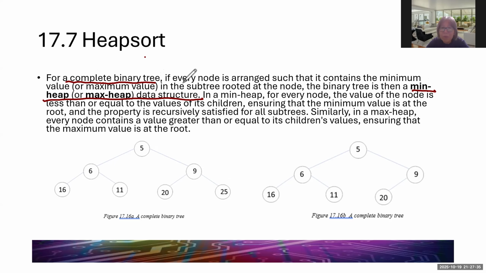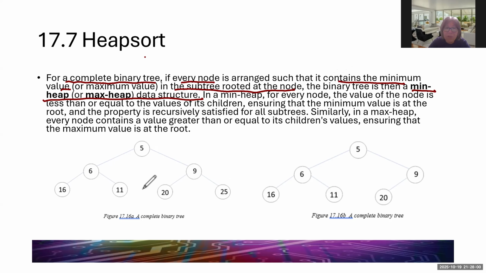Then there's another requirement on top of it for mini heap. The requirement is that every node is arranged such that it contains the minimum value in the subtree rooted at that node.